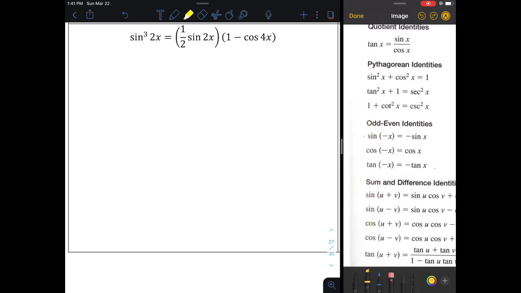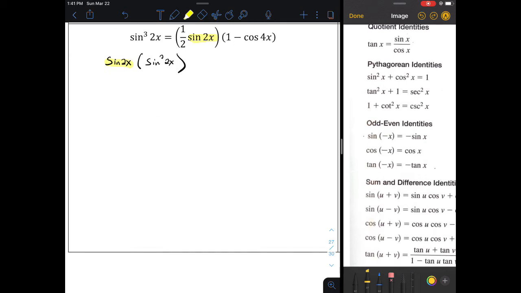Well, I look at my right-hand side and I see I need to still have a sine of a 2x. And so I'm going to rewrite my left-hand side as sine of 2x times sine squared 2x. So I have something that I needed on that left side already.